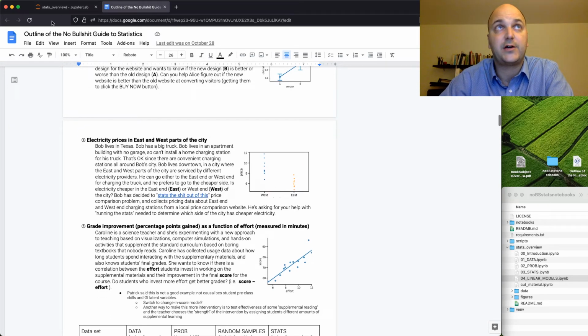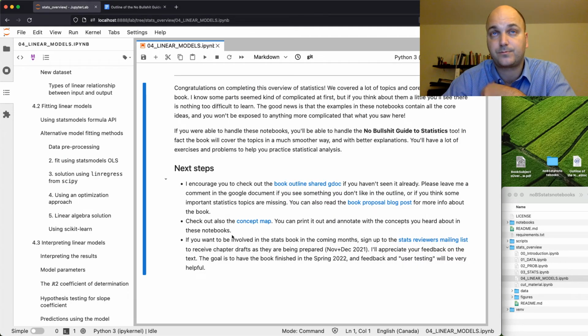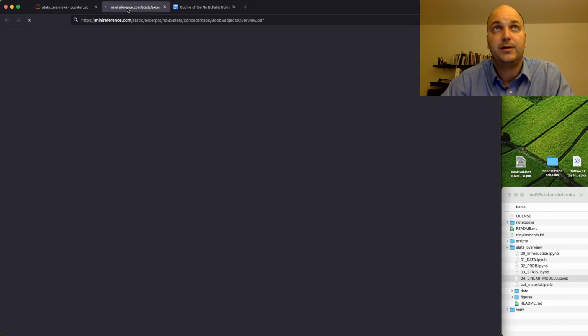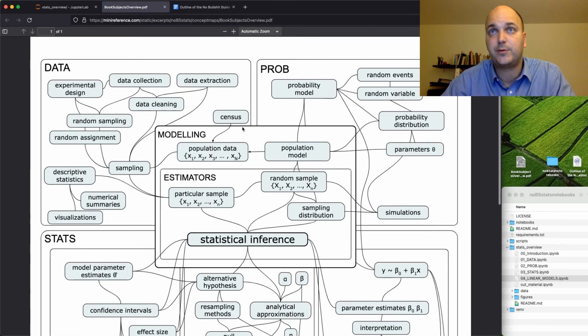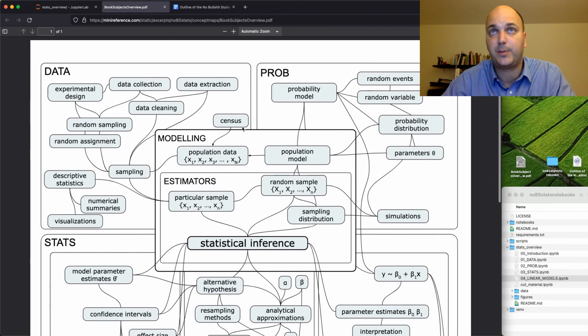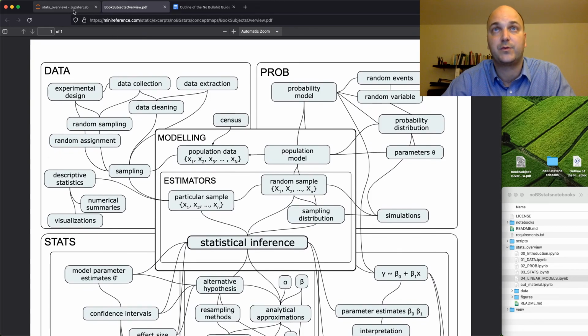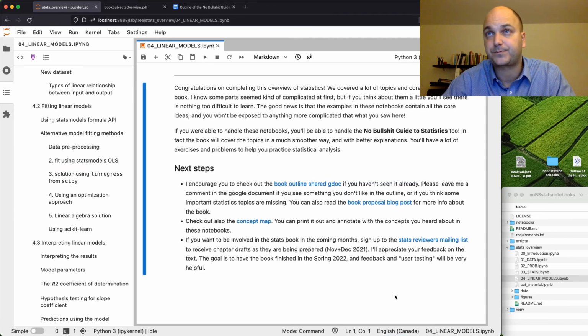In the outline, you'll see how they will be developed further. And of course, I mentioned the concept map. It's all those little boxes that we looked at during the tutorial. They're part of the overall picture. So take a look to see how it all fits together.